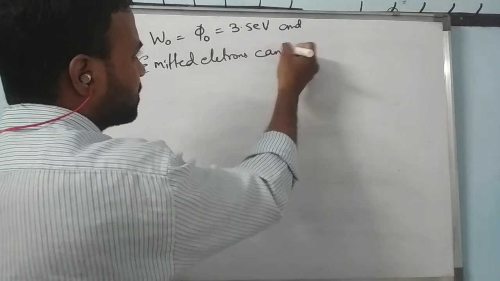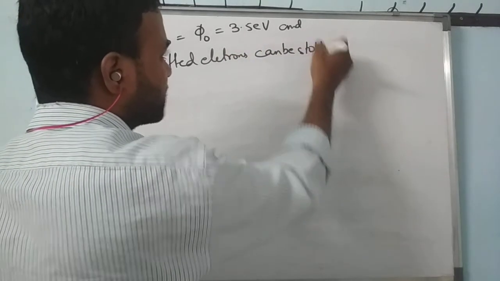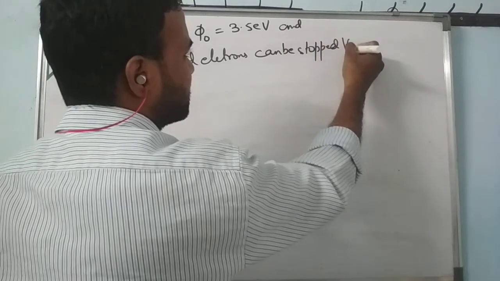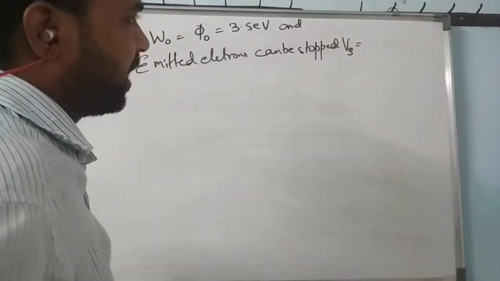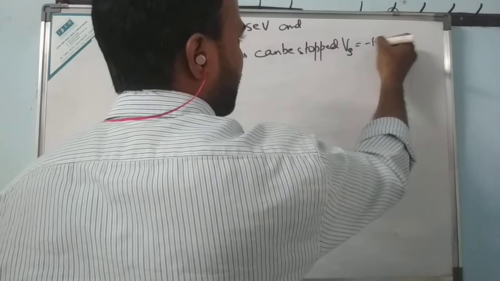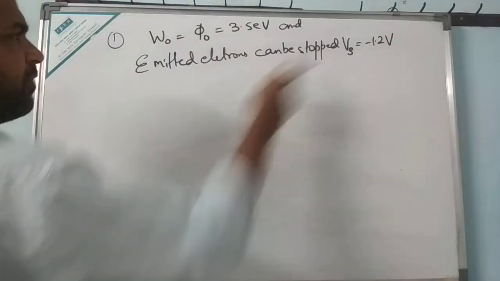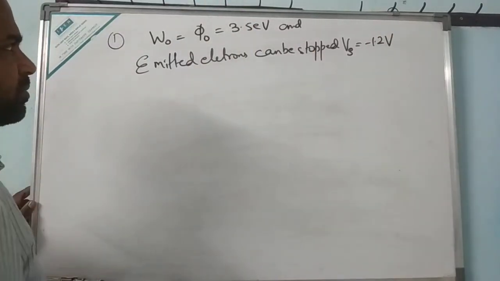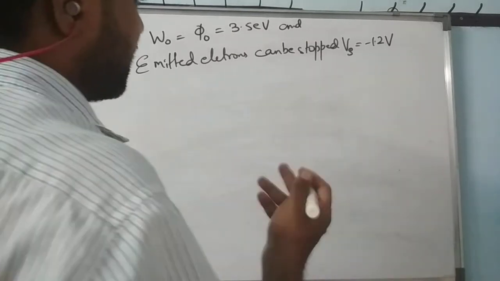So they are saying stop means stopping potential Vs is given to us, applying a minus 1.2 volt. So this converts into kinetic energy maximum. So what is the incident energy of photon?